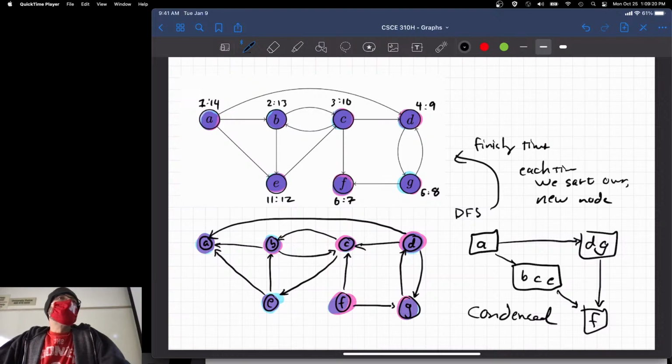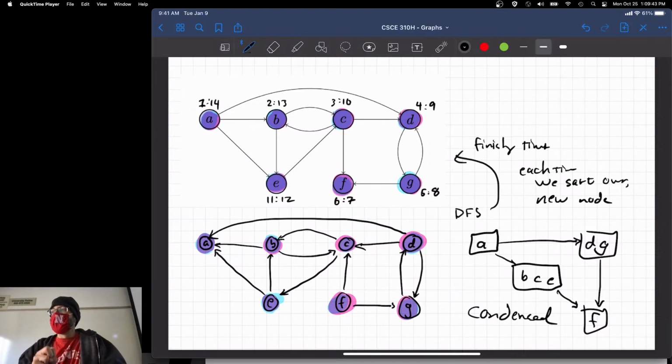What if there were a cycle here? A, B, C, A, B, C. I can go from A to B, I can go from A to C, but also I can go from C to A, and then to B. Cycles collapse. Cycles condense down into a strongly connected component.